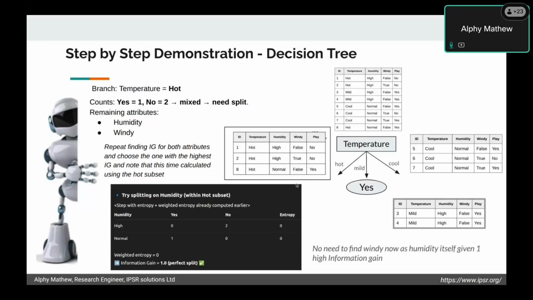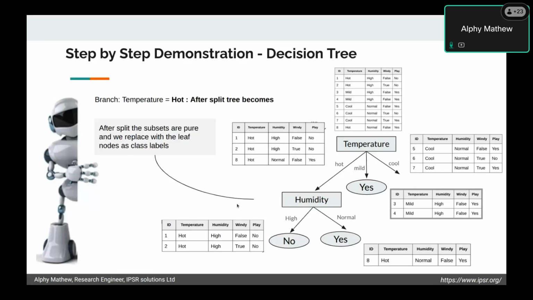When we track the IG values, that is, the information gain values of humidity and windy, humidity got around 1, and it is the highest information gain value. So here we will take the decision that at the branch temperature equal to hot, the next split we need to give is on the humidity attribute. Okay, so that is what we are going to do next.